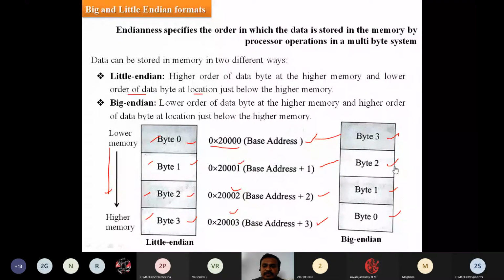So may I ask Chetan? Okay, let me ask Yuvraj Swami. Yuvraj Swami, sir, how are you going to store the data in the memory with respect to Little Endian if the data size is 6 bytes?